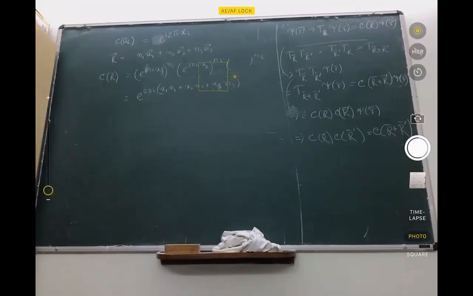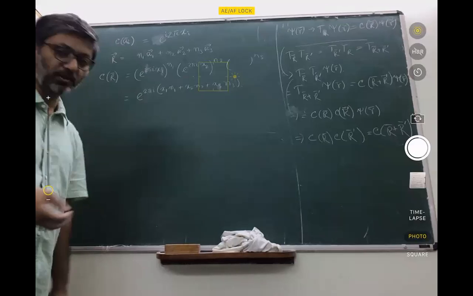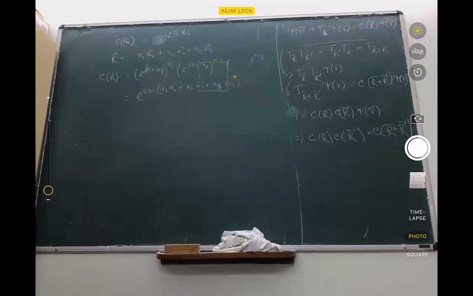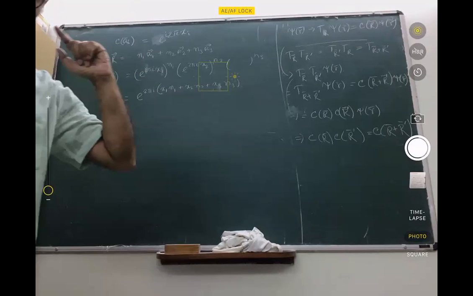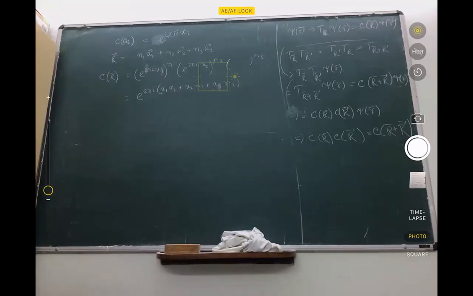Okay, now what we do is we bring in the periodic boundary condition, that we have some N1, N2, N3, some combinations of N1, N2, and N3, so that this thing is an integer, is a real integer.